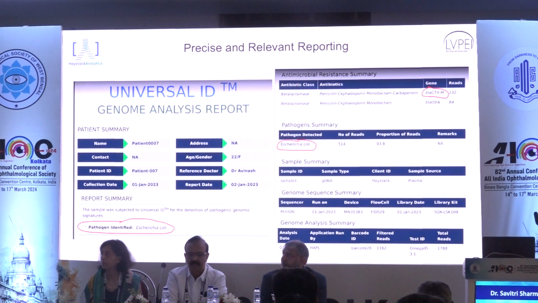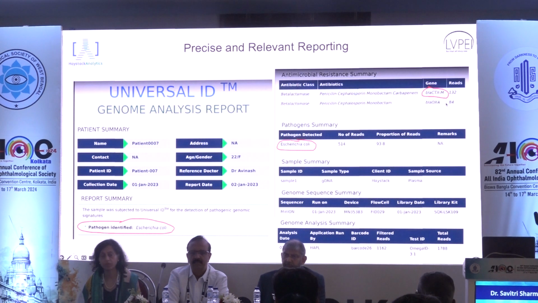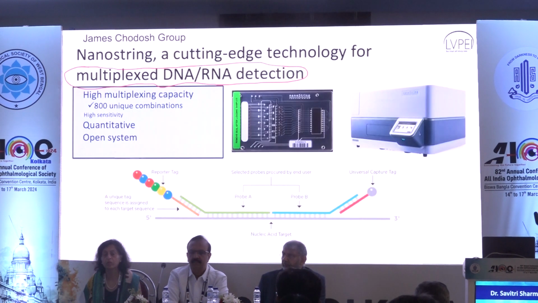The report shows it's a pathogen, Escherichia coli, and it's got resistance genes. What genes are there which are causing the resistance, and you can get a report with all patient information. So they have come up to this stage. It's very, very successful for tuberculosis, and now they're working on urine infection, and we have now tied up with them for ocular infections. So we are moving very close to that.